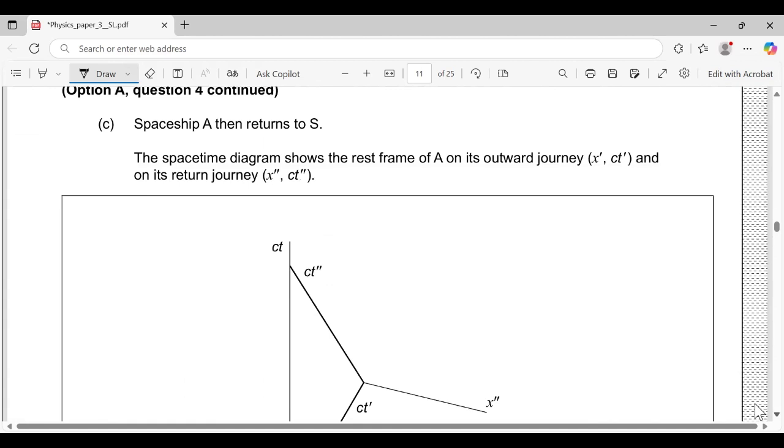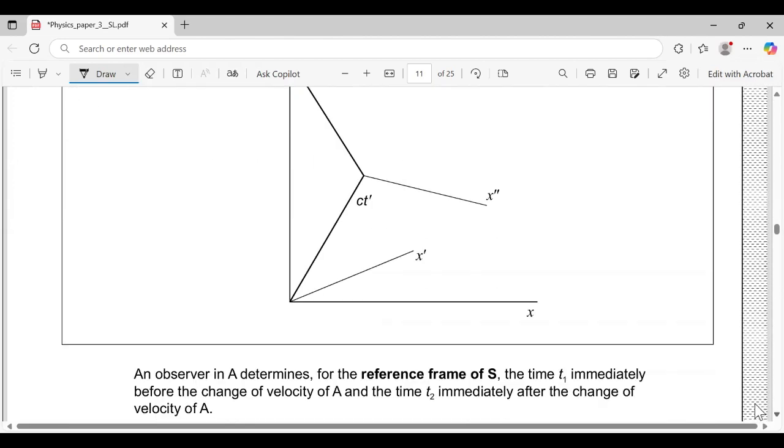Spaceship A then returns to S. The space-time diagram shows the rest frame of A on its outward journey, x' and ct', and on its return journey, x'' and ct''.